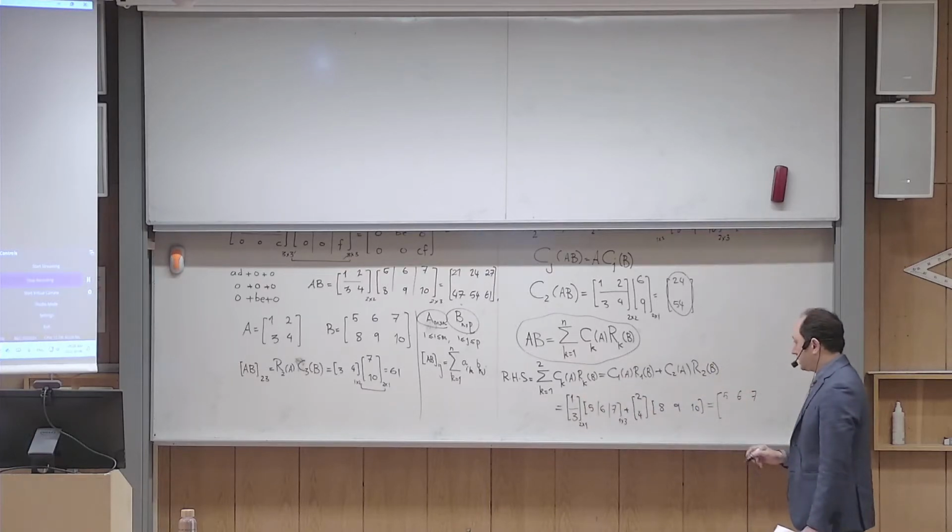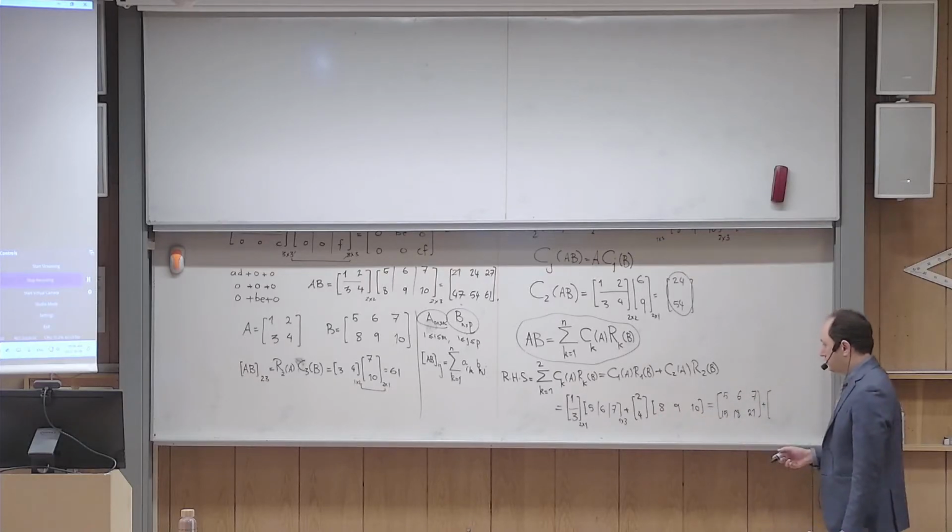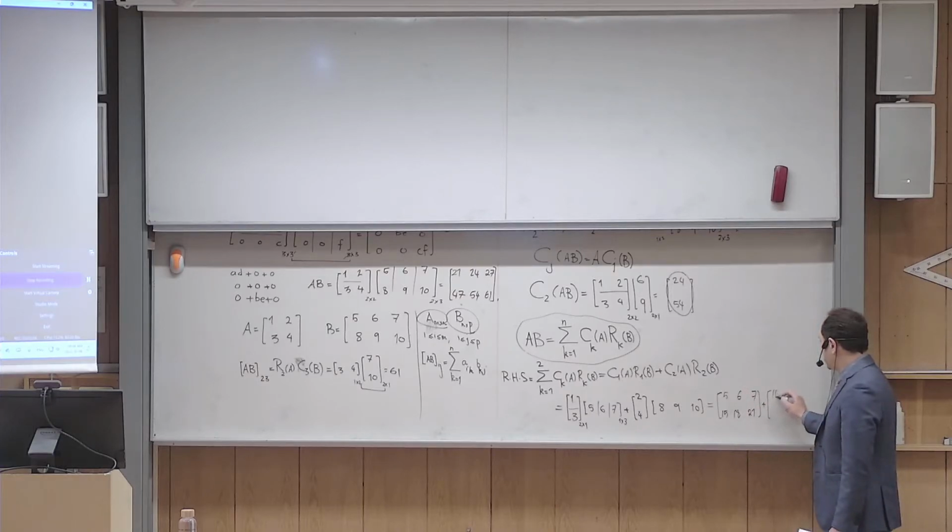And then I go to the next one. Hopefully you agree with me. It is 15 and 18 and 21. And I do the same thing for this next product, which is also doable. So this becomes 16, 18, 20, and then it becomes 32 and 36 and 40.